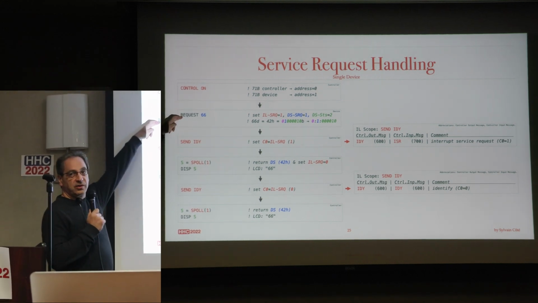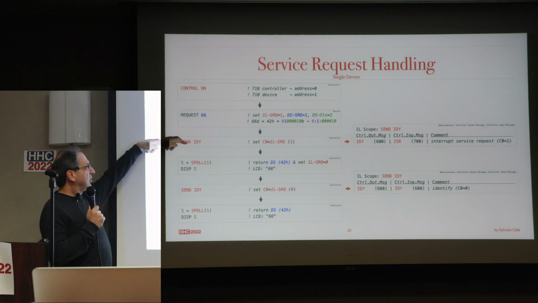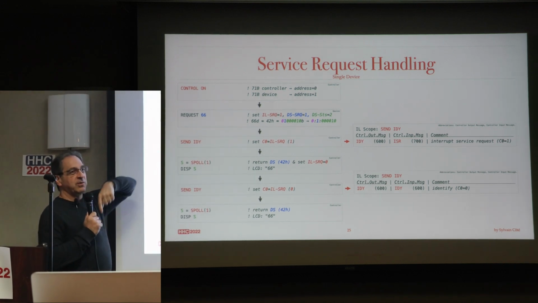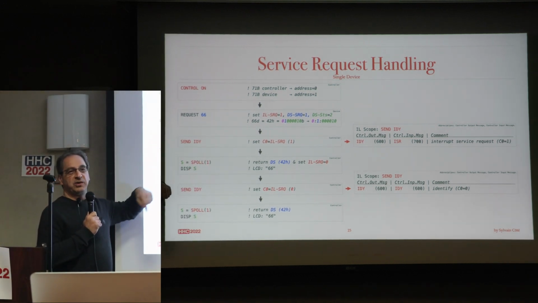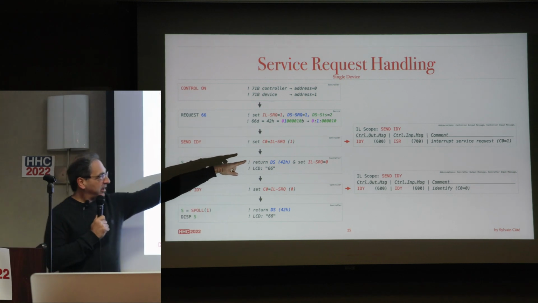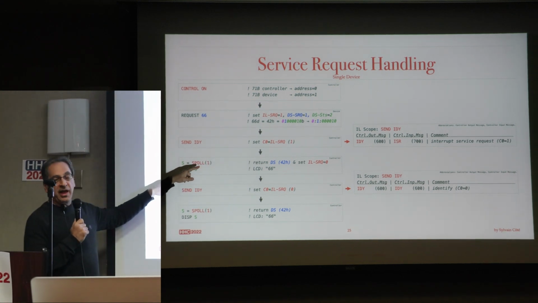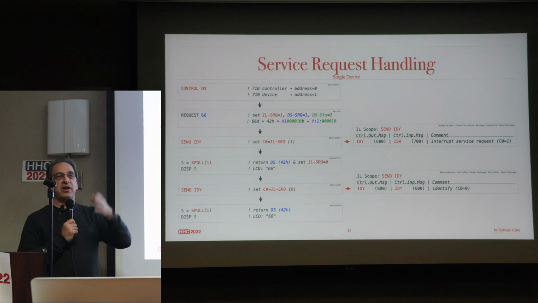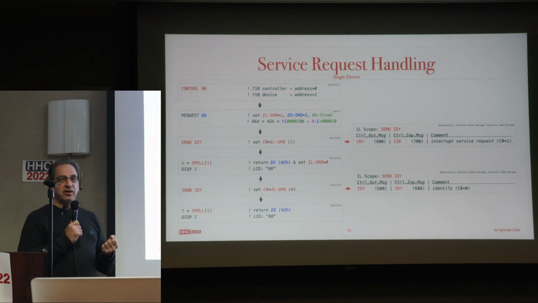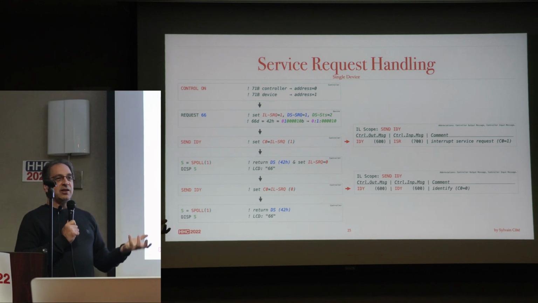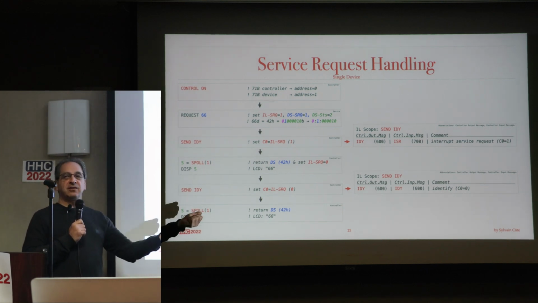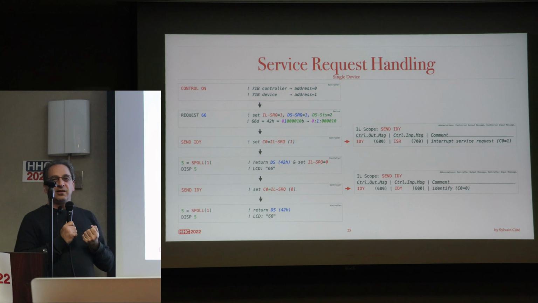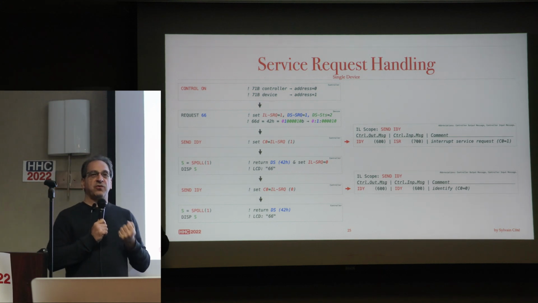But the thing you need to understand is you're going to send an identify, you're going to set the request, the device status. You're sending a message in a loop: is somebody needing to be serviced? Yes. And I'm going to ask each device one after the other. In this case, we have only one. I'm asking, give me your status. And the action of asking the status means that it's been served.